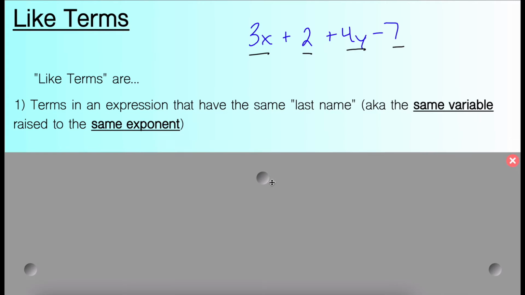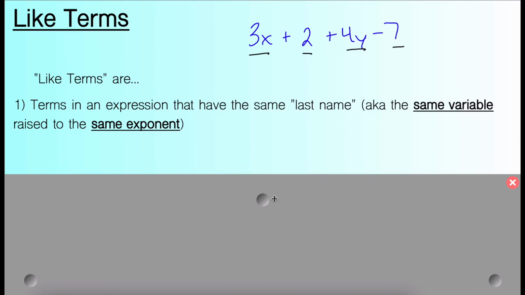Number one, like terms could be things in an expression that have the same, I call it, last name. What I mean by the same last name is the terms have to have two things in common. The variable has to be the same, and if the variable has an exponent on it, that also has to match.